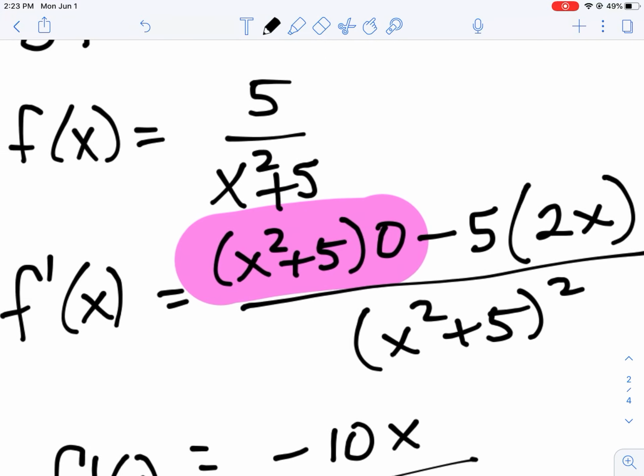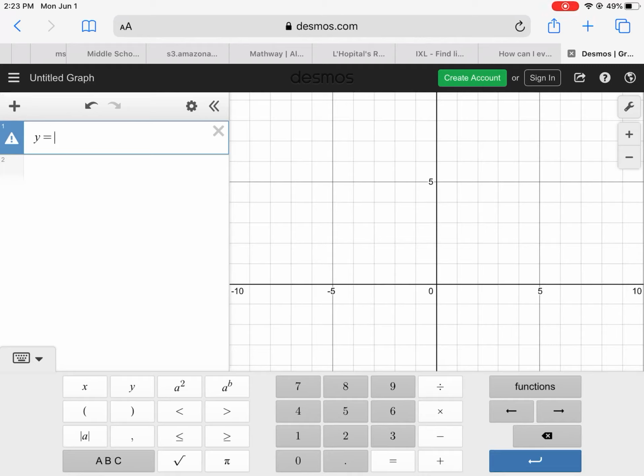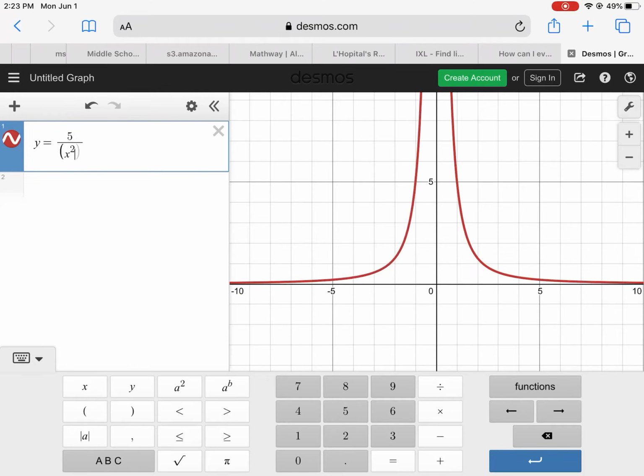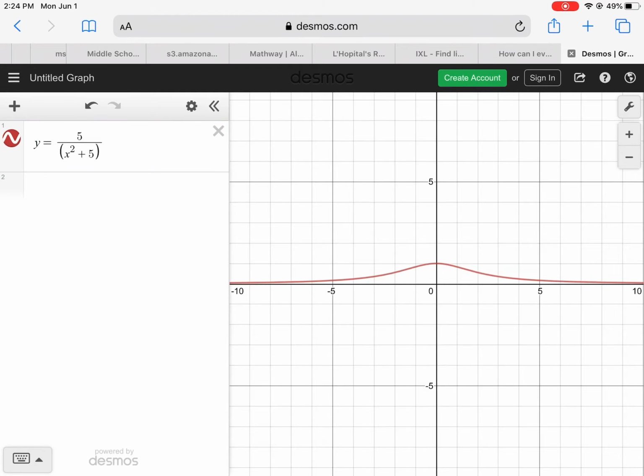So if we take a look at it with our graph paper, I want to use my graph to show you. So y equals 5 divided by parentheses x squared plus 5, close the parentheses. There's my graph.